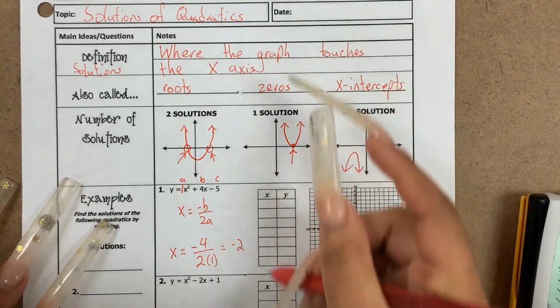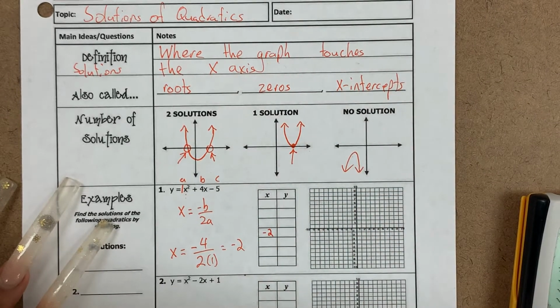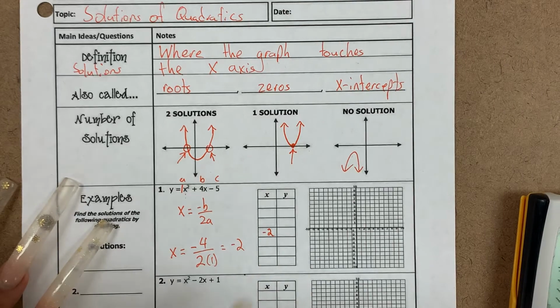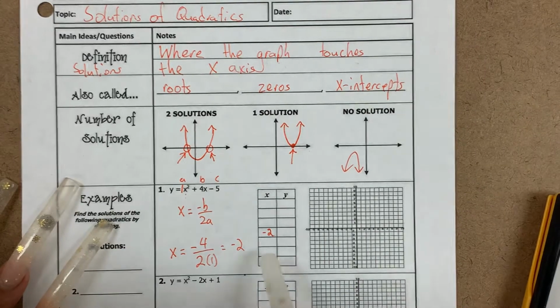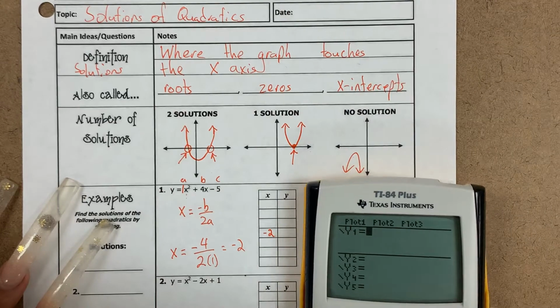So I'm going to look at this table, and I'm going to put -2 right in the middle, because I always want my axis of symmetry to be in the middle of the table. That way I have points above the axis of symmetry and points below the axis of symmetry. So I'm going to find out what the y value is for my vertex.